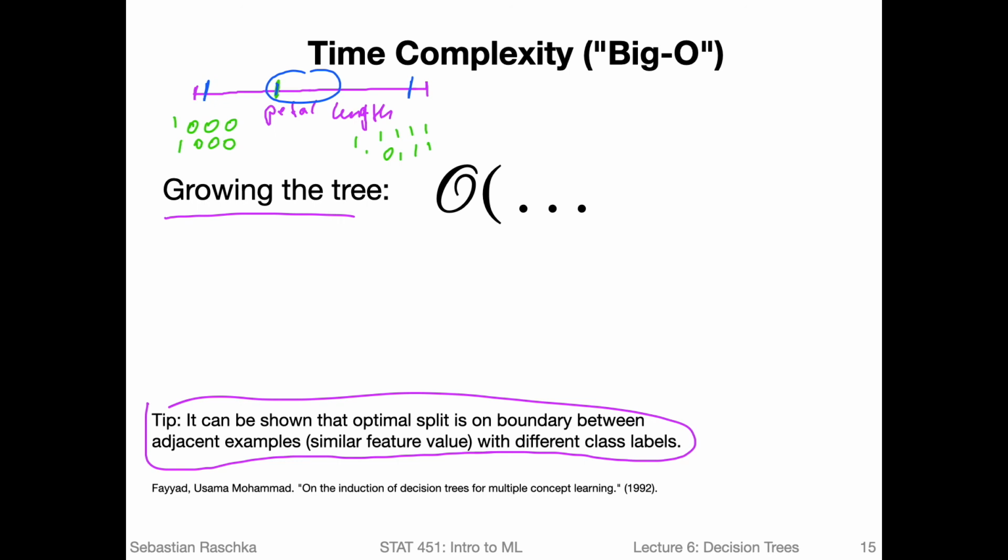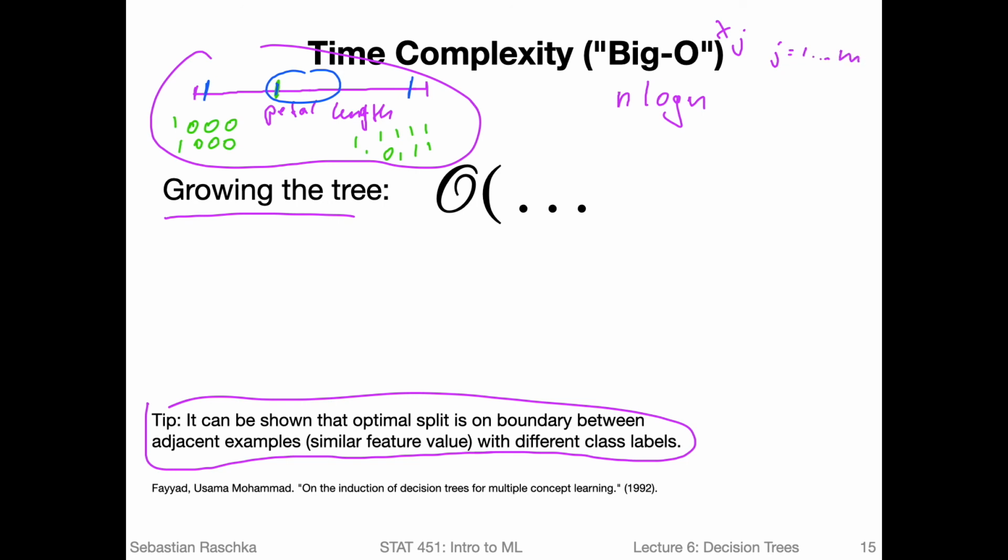And from the previous slide, recall that sorting is usually n log n, right? So we know we have at each splitting node, if we sort the feature, n log n time complexity just for the sorting. And then if we have a sorted feature, we can find the decision boundary more easily. Now, usually we have multiple features, right? If we have a feature xj, j is usually a number between 1 and m.